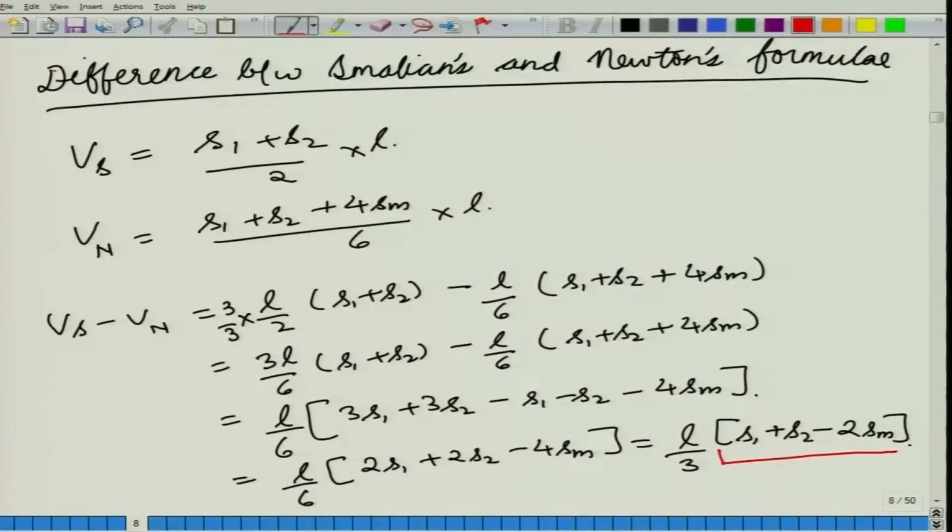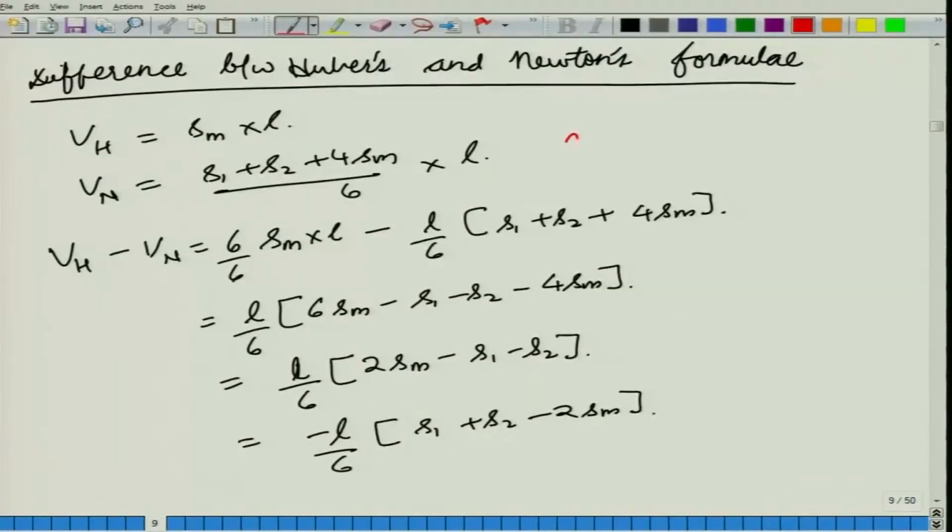So, let us write this portion as x. Here we have the difference Vs minus Vn is equal to L by 3 into x, where x is equal to S1 plus S2 minus twice of Sm, right.